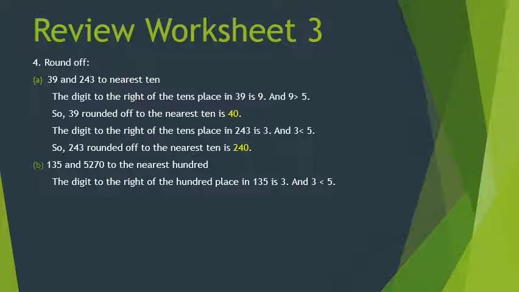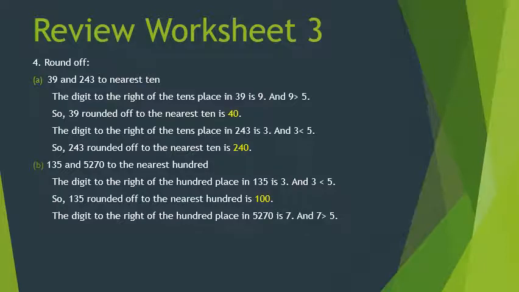And children, 3 is less than 5. So we will not change the digit at the rounding place, which is 1. It will remain 1, and we will replace all the digit to the right of the 1 by 0. And so 135 rounded off to the nearest 100 is 100.